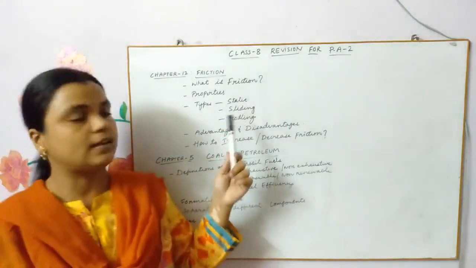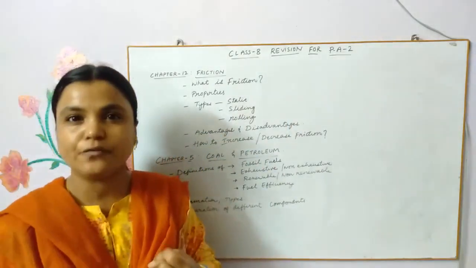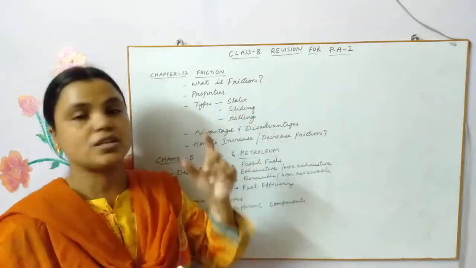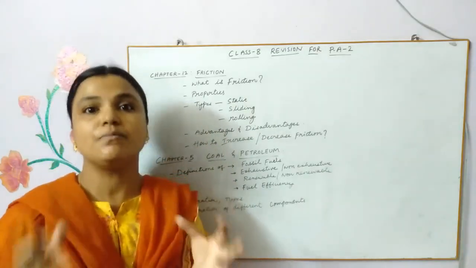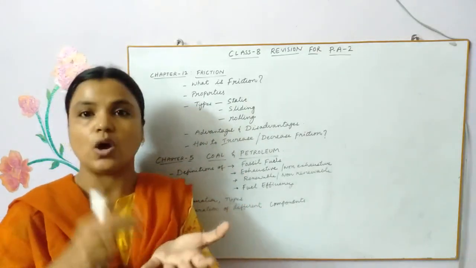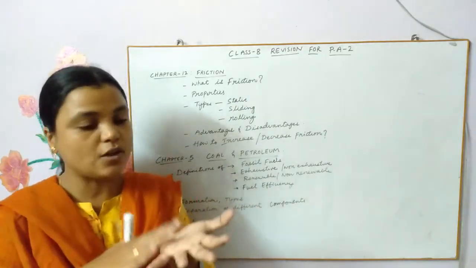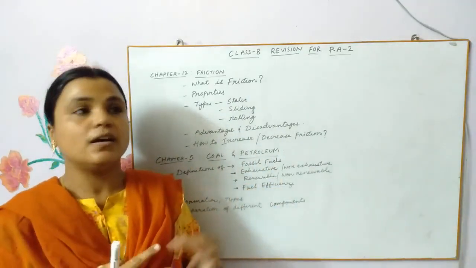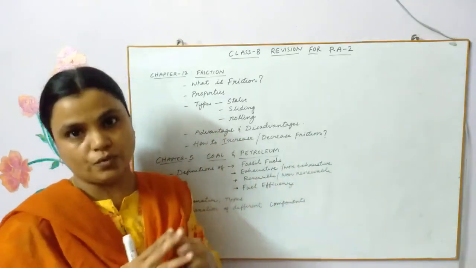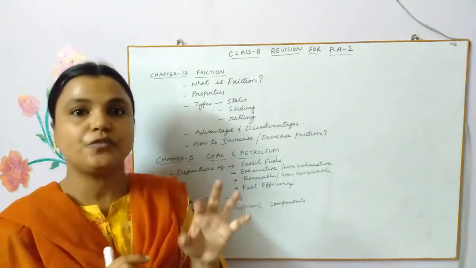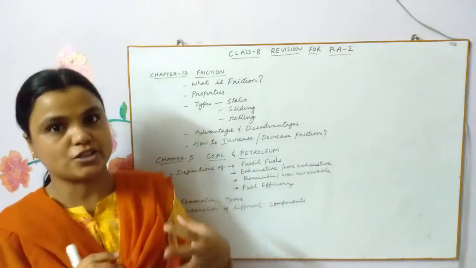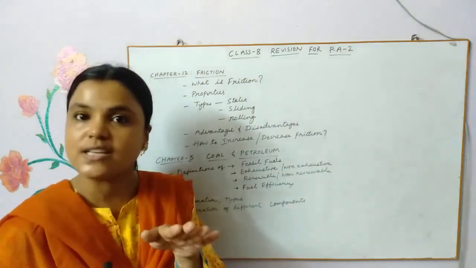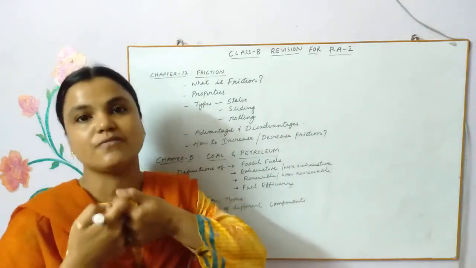We know that there are three types of friction: static friction, sliding friction and rolling friction. Static friction is that friction which comes into play when an object is at rest. If it is not moving, say a table or a chair on the ground, then when you try to move it, it becomes a little difficult because it offers more friction, because when an object is at rest, the interlockings will be more.